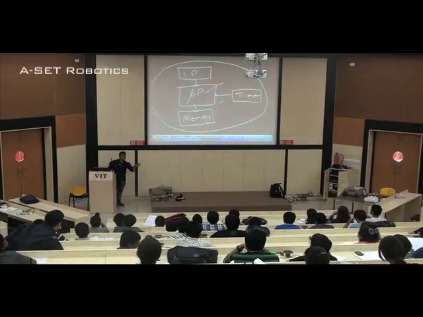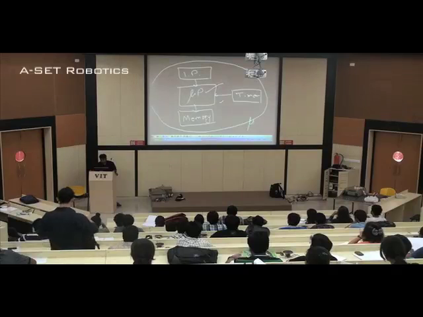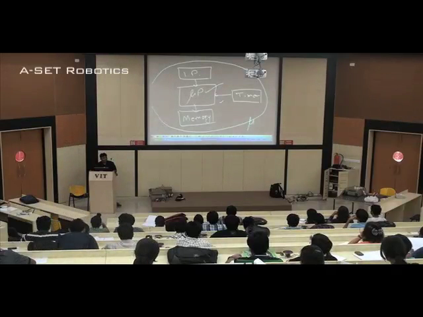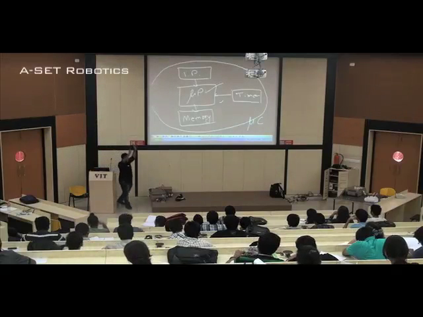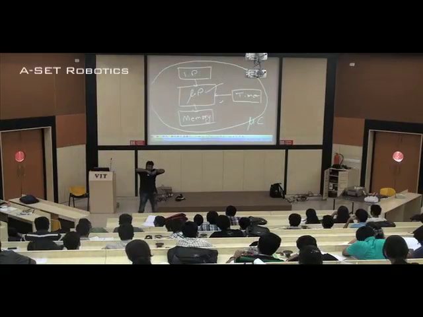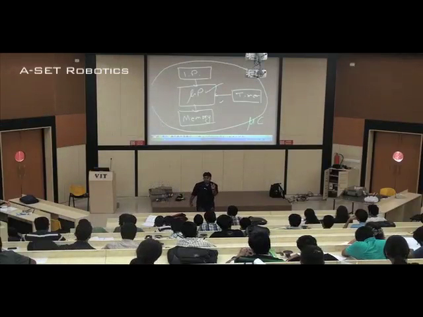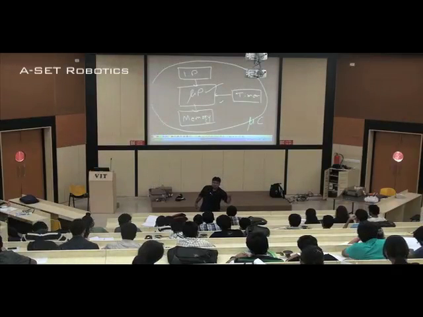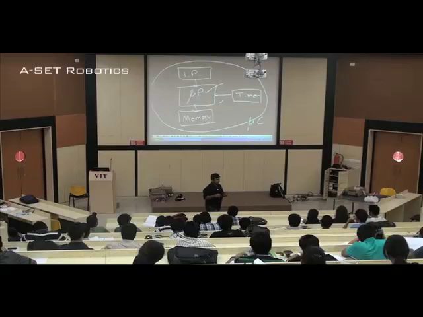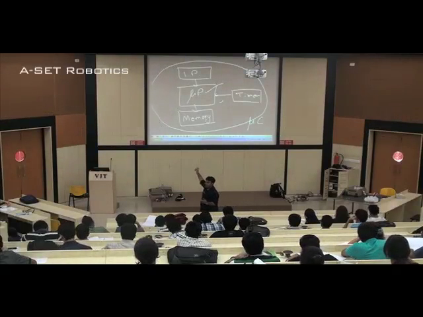Every single thing inside it. This whole thing inside a box, inside a single chip, is called a microcontroller. I need feedback from you guys, otherwise this class would become boring. What is this called? Microcontroller.